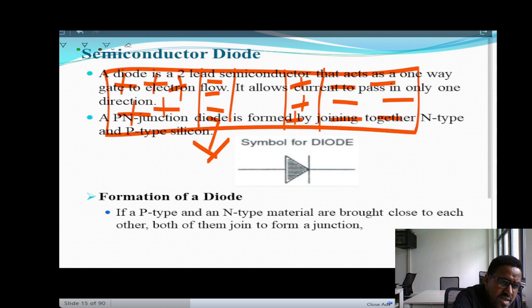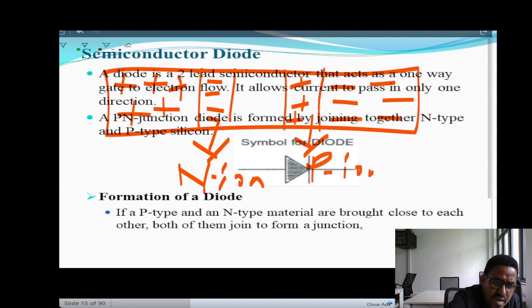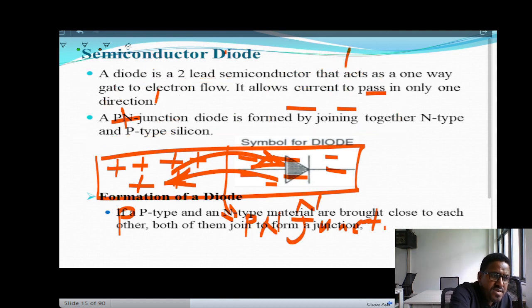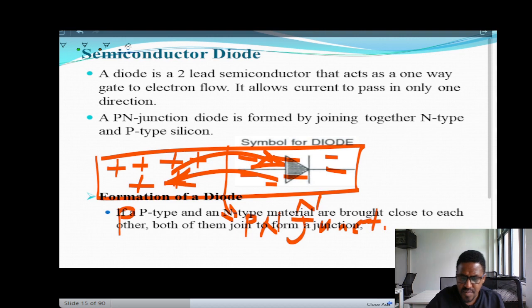So we have positive ions on the side of N and negative ions on the side of P. As both of them travel towards the junction, holes and electrons recombine with each other, so as to neutralize and form ions.